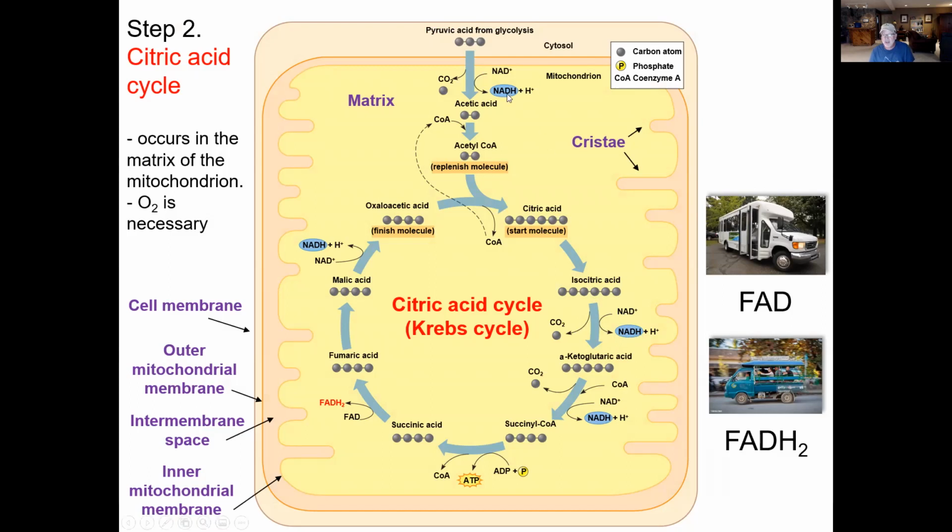Adding to our caravan, now we've got 4. And then this 5-carbon compound gets converted into a 4-carbon compound. When we pull that carbon off, it goes into another CO2. So we're generating quite a bit of waste product here, aren't we? And we make another NADH from NAD+. So we're really adding the passengers to the big school bus.